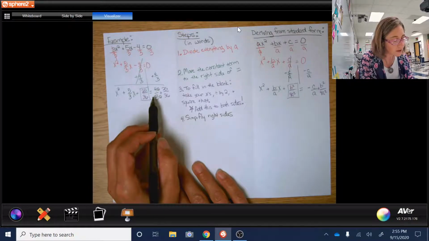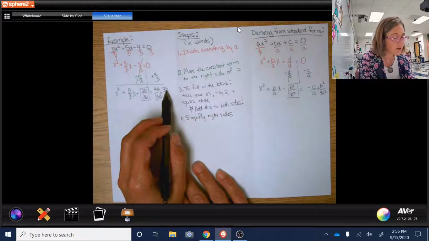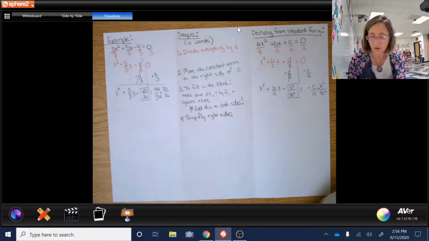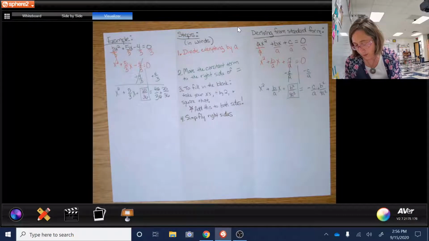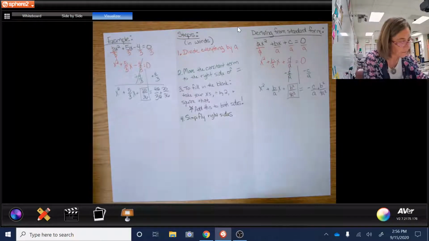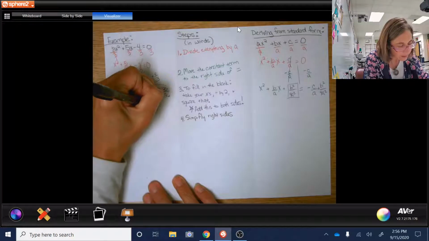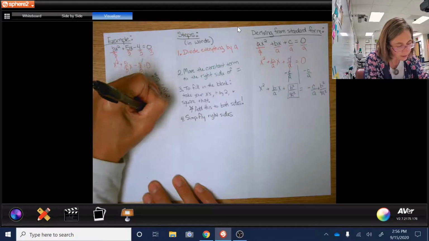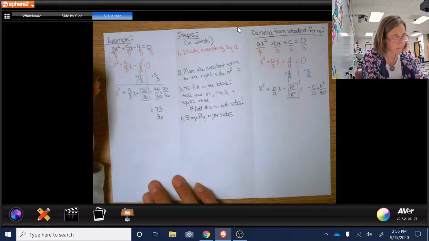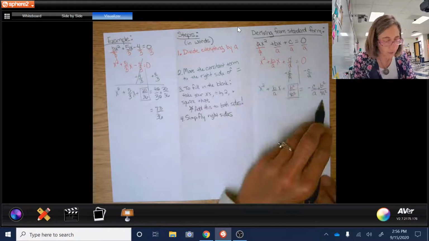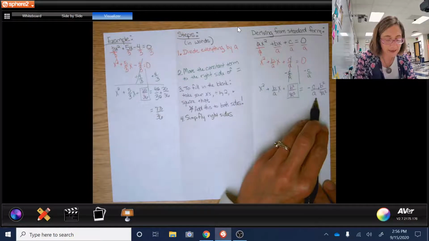So 48/36 plus 25/36, let's see. So 48 plus 25 would be at 3, carry a 1, 73. So we'll have 73/36.